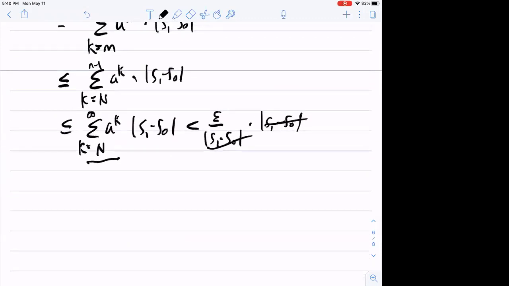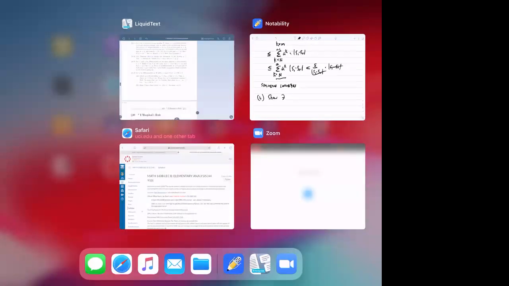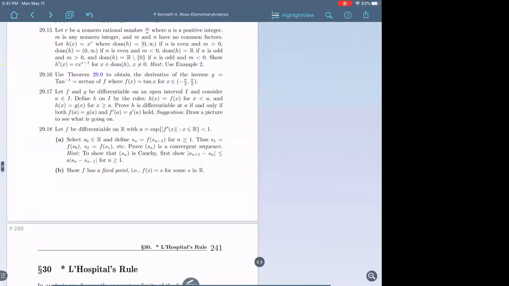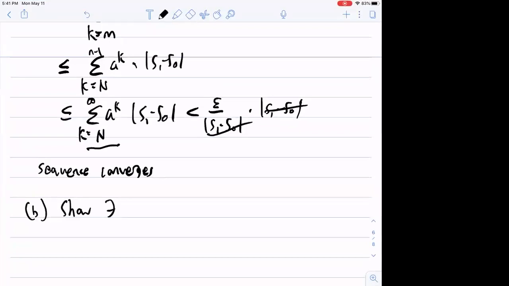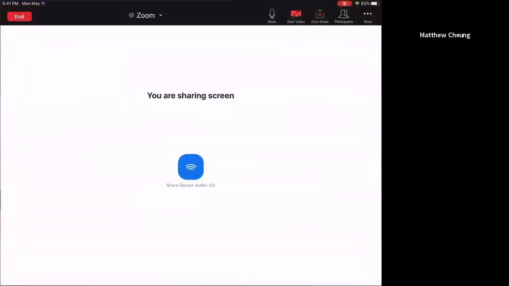Okay, so that's the hard part. So the sequence converges. Now here's the easy part. Show there exists S in R such that f of S is S. Let me see if anyone has questions.